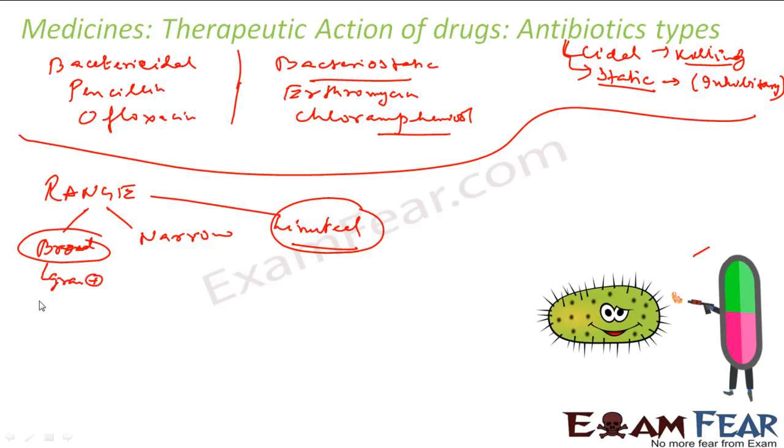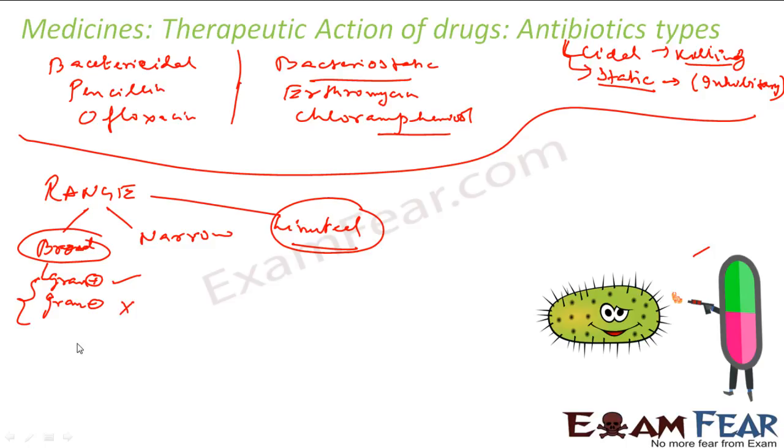So this is gram positive and gram negative. These are the first broad classification of bacteria, because any bacteria will be either gram positive or gram negative, correct? Either they absorb the crystal violet, the dark blue color, and become gram positive, or they don't absorb it and become gram negative.